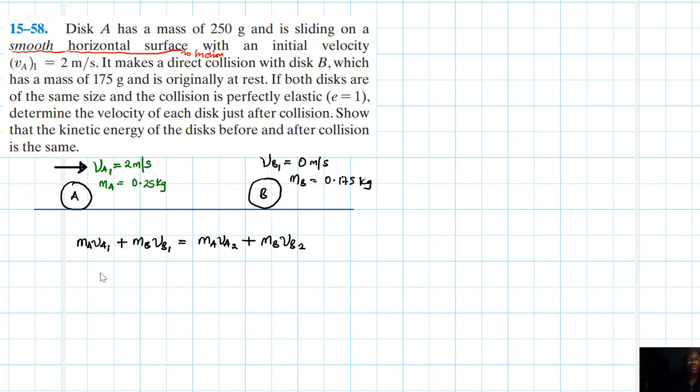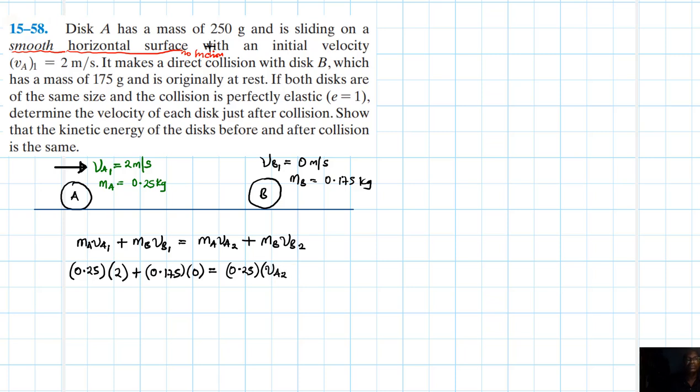So here we have 0.25 times VA, which is 2, plus MB, which is 0.175, times VB, which is 0. This is equal to MA, again 0.25, times VA2.